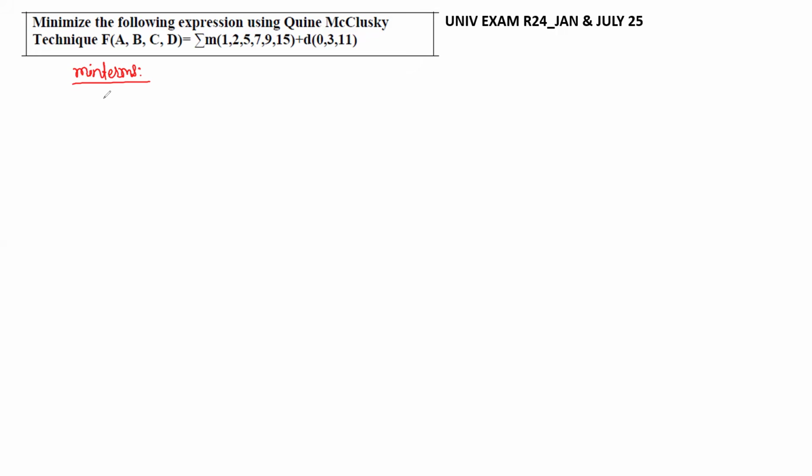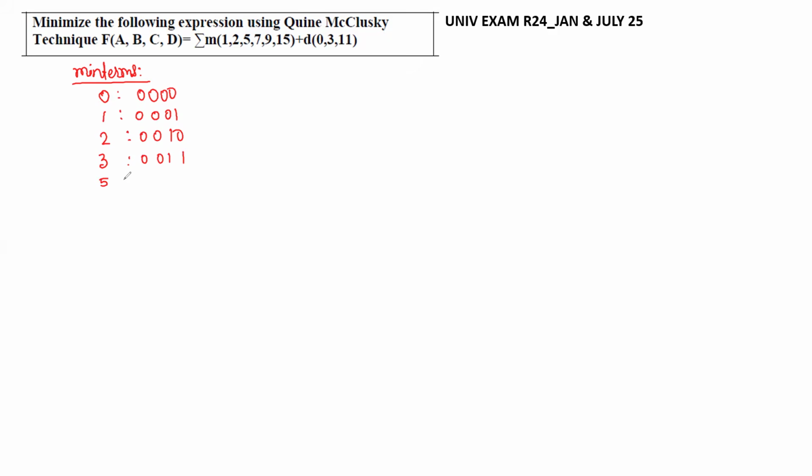That's not a problem. So 0 will be represented with 0, 0, 0, 0. Next we have 1, so 0, 0, 0, 1. Next, 2. How will we write 2? 0, 0, 1, 0. Again 3, so 0, 0, 1, 1.